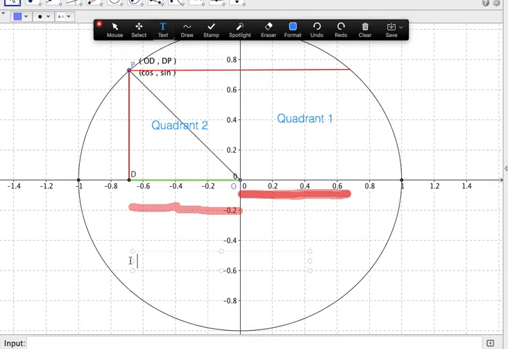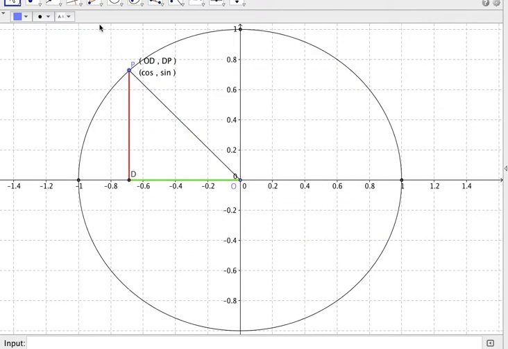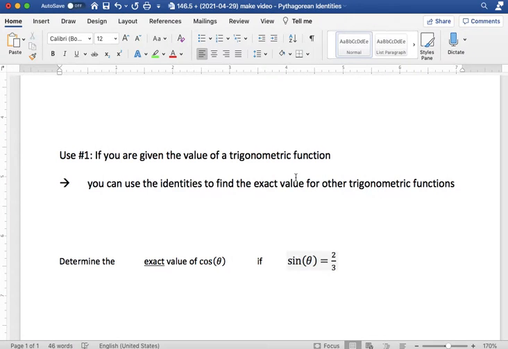Just for the record, down here is quadrant 3, and here is our quadrant 4. So we know we have one answer in quadrant 1, one answer in quadrant 2. Let's go back and now solve it.